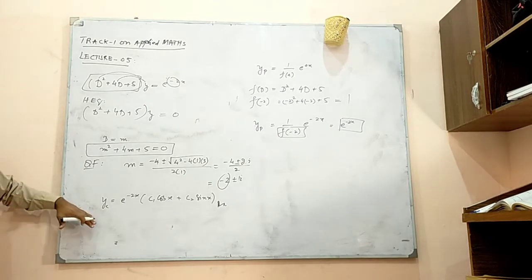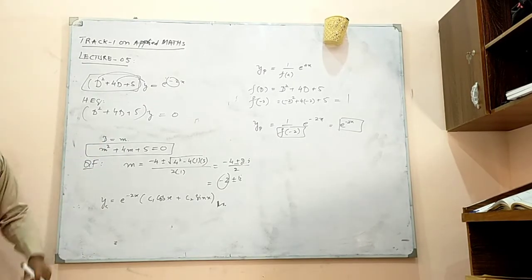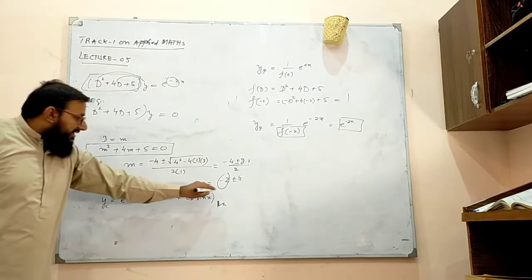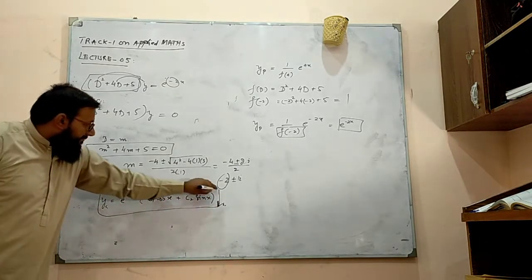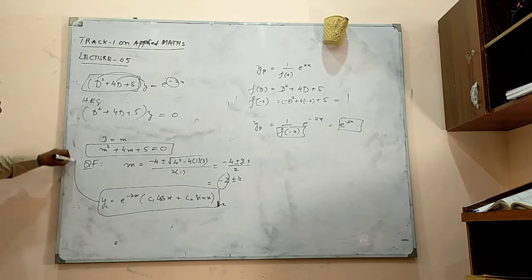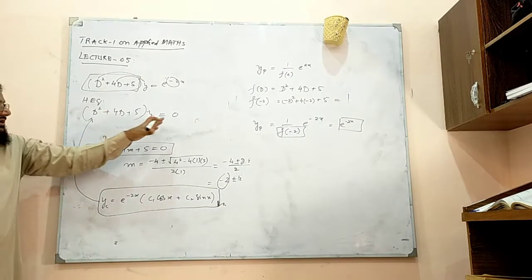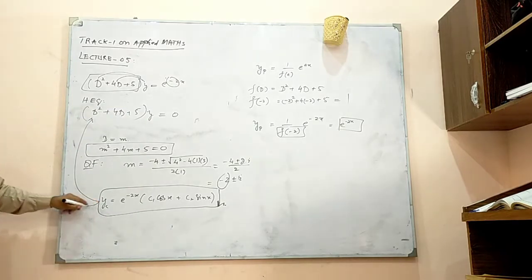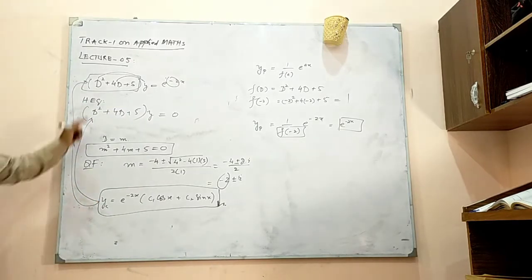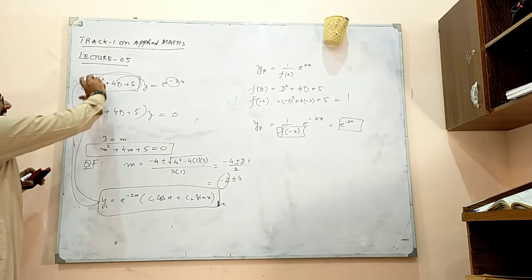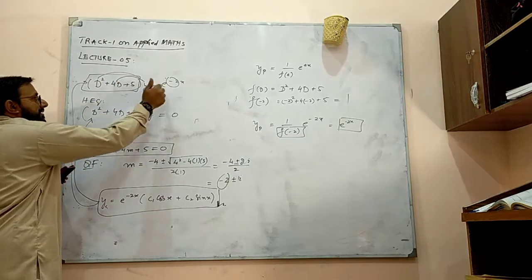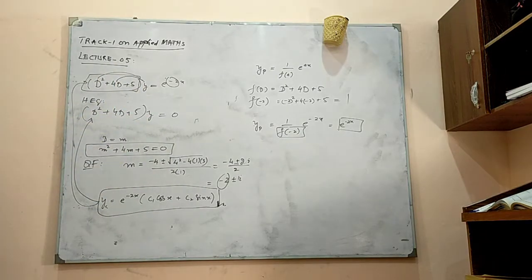And when we sum yc and yp, it is going to be the general solution. If you take yc, it will only satisfy the homogeneous equation, because you put it here and solve, you will get 0. If you put yc in this one, it will not satisfy this equation, because the left hand side is going to be 0 and you have right hand side e raised to minus 2x.